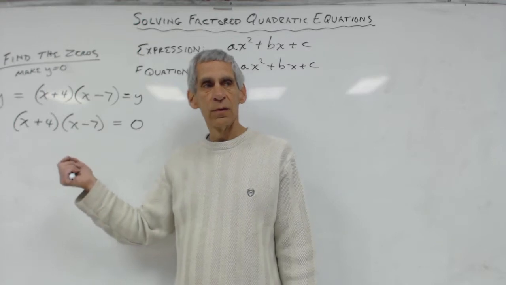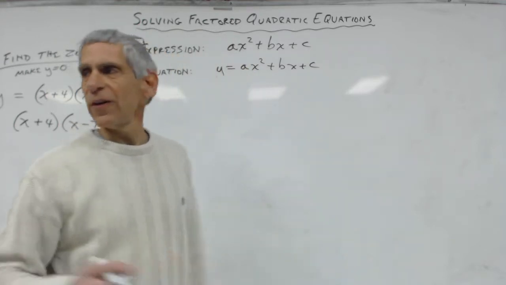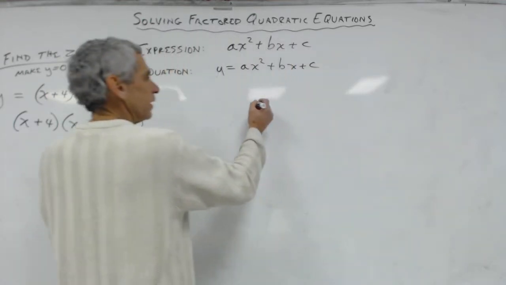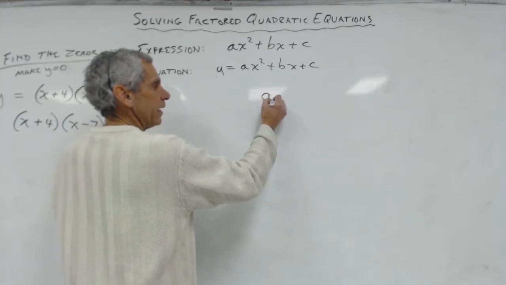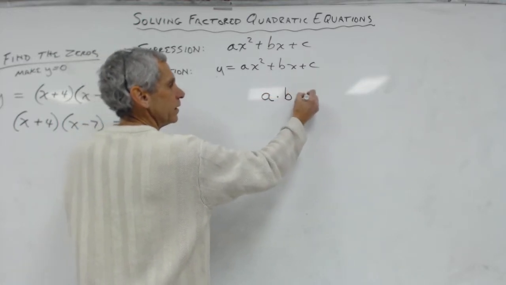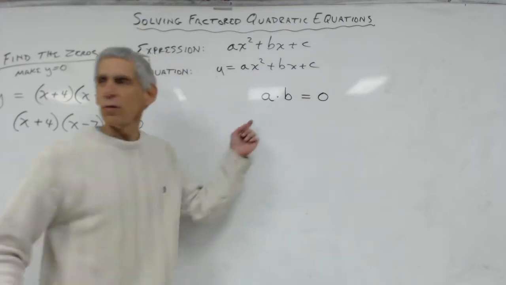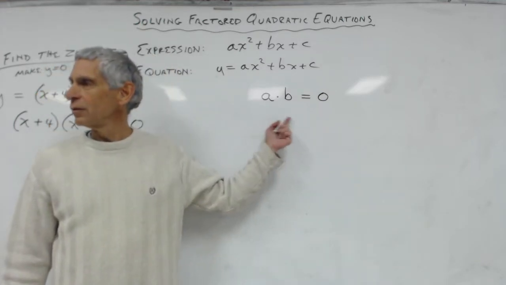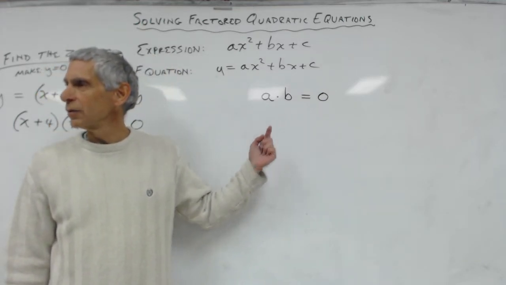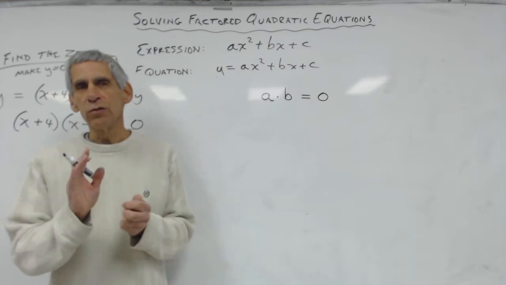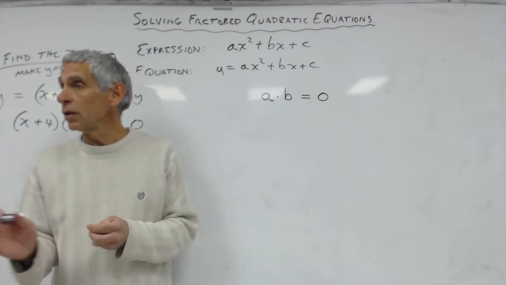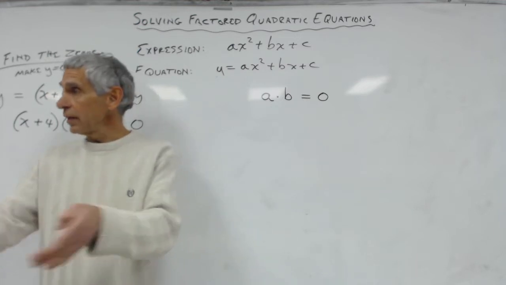That's true. But what if I said a times b equals 0? What do I know about these two numbers, or about at least one of these numbers? When you multiply two numbers together and they equal 0, one of them is 0. Do you agree with that?